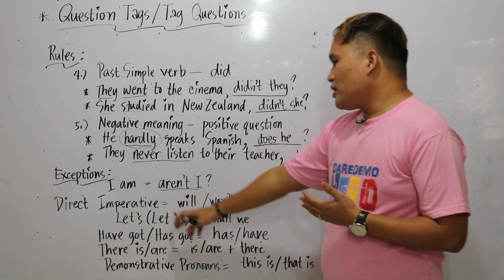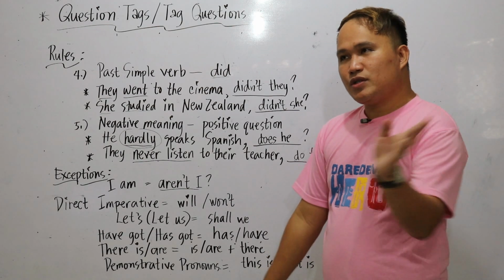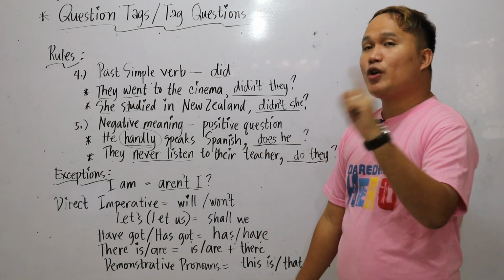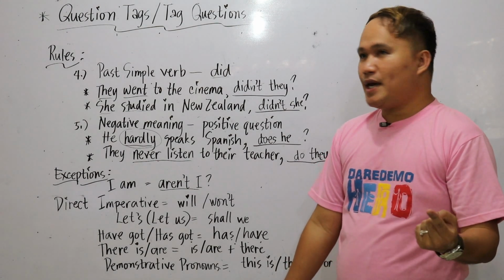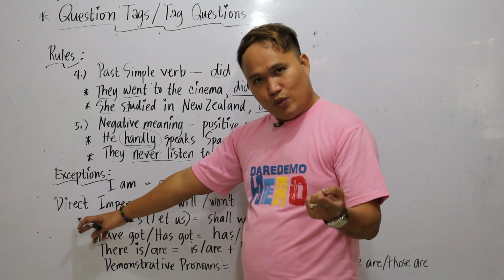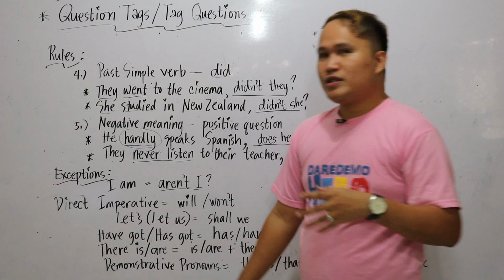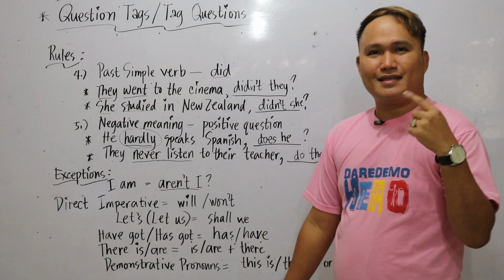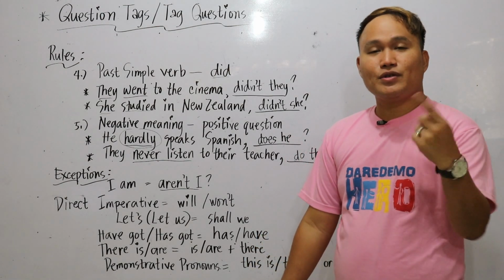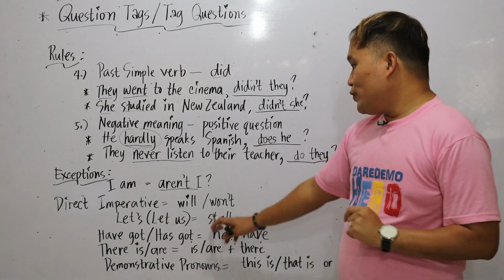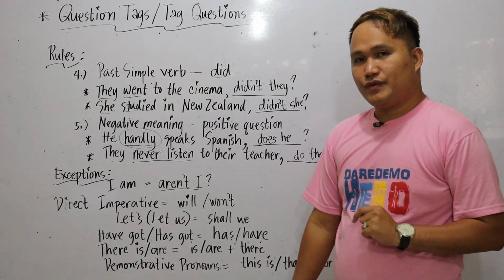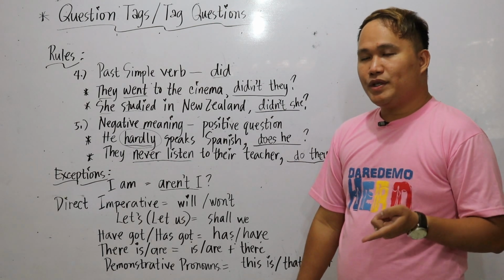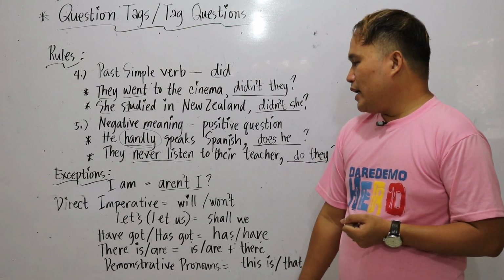For a direct imperative, for example, close the door, you're talking directly to that person. That's what you call a direct imperative. So you say, close the door, for example, and you use will you.